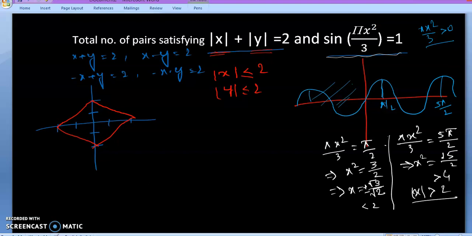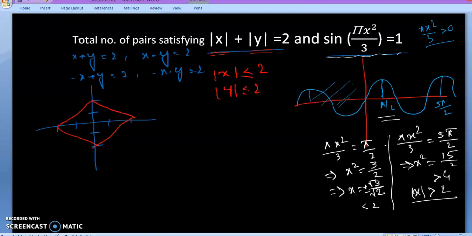As we know, the value of mod x is always less than or equal to 2, so we don't need to take 5 pi by 2 or the extra values which lie on the right side. The value of pi x square by 3 is pi by 2. Clear? So x equals plus minus root 3 by root 2.